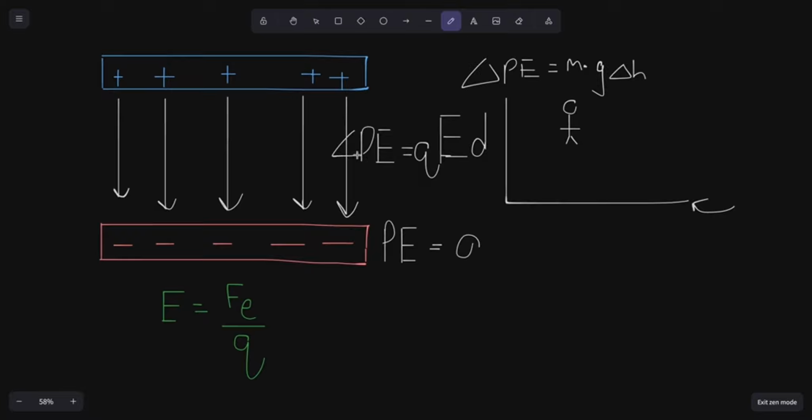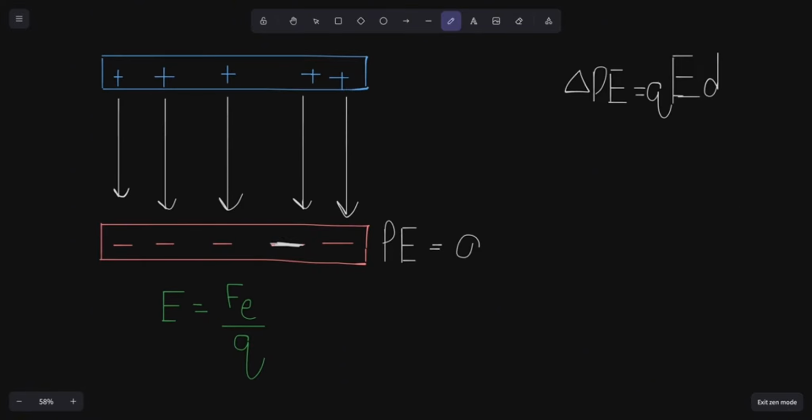And so we can actually write that as the change in potential energy, because if this is 0, I'm at the negative plate, and I place a charge right over here, then this displacement represents that change in height. So the change in potential energy is equal to charge times the electric field strength times the displacement.